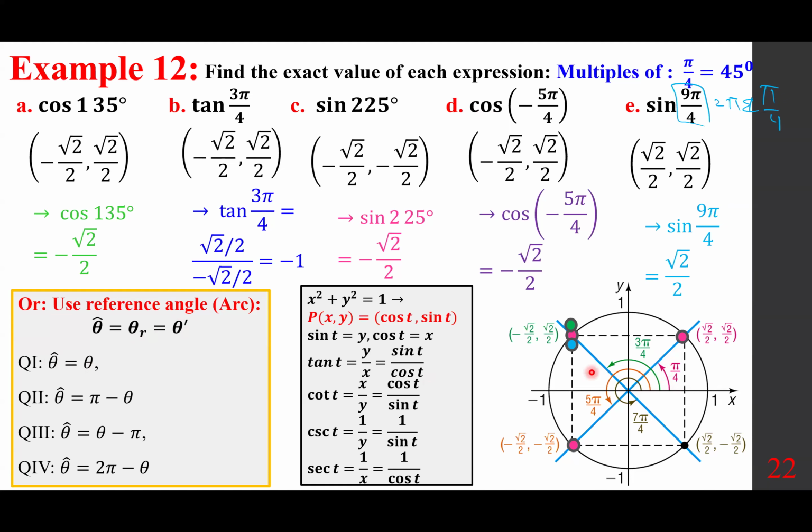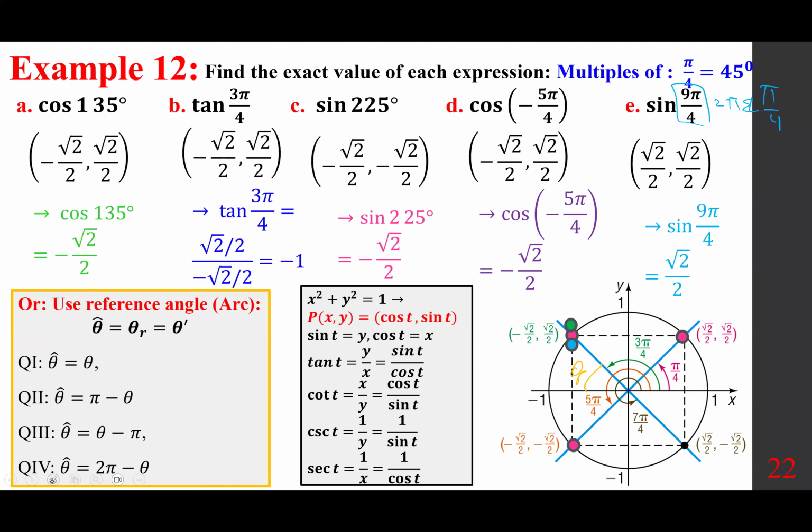If we are in the second quadrant, the reference arc is the closest angle that the terminal side makes with the x-axis, positive or negative, doesn't matter. So what is this angle equal to? Pi minus theta. For this, theta sub r is here.